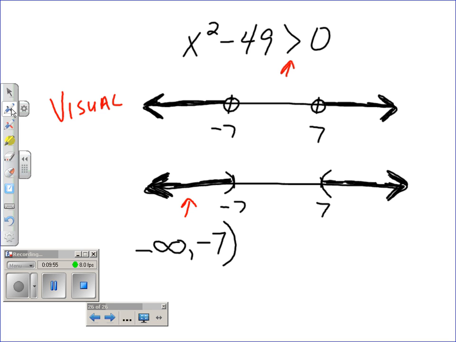No, it's not, so we use parentheses. You can't include infinity because we can't really define it, so it's not included. What about the interval on the right? I'm talking about from 7 out to positive infinity. 7 is not included, positive infinity is not included, and we want these two sets to be linked together, so we put the union symbol in between them.